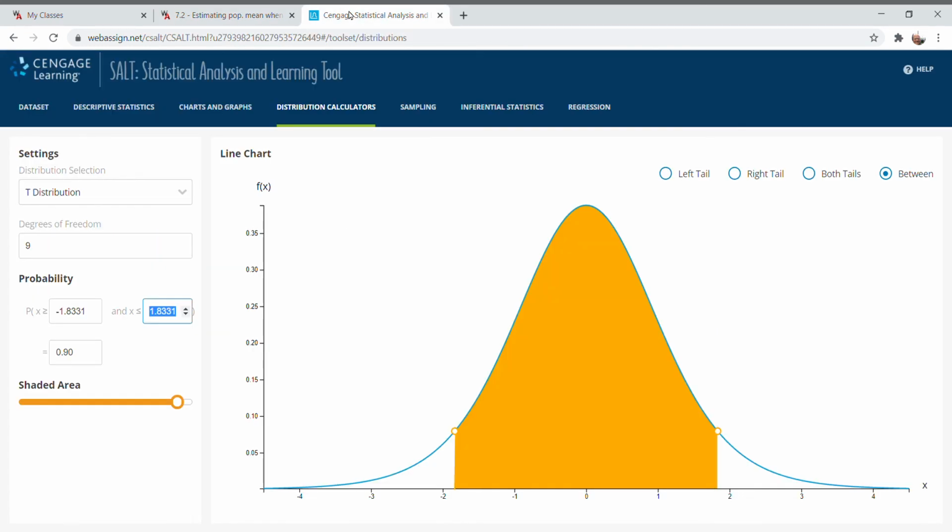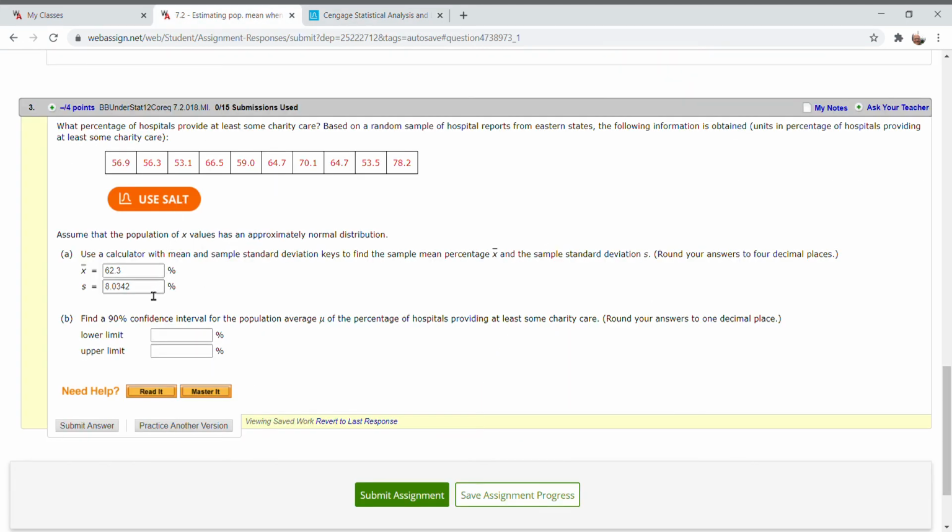So E is going to be 1.8331 times the standard deviation of 8.0342 over the square root of 10.